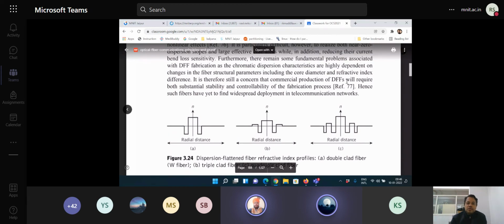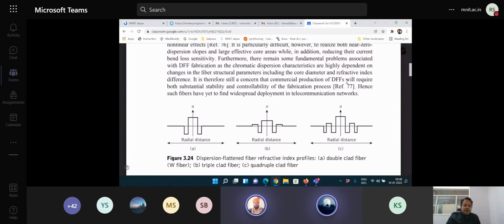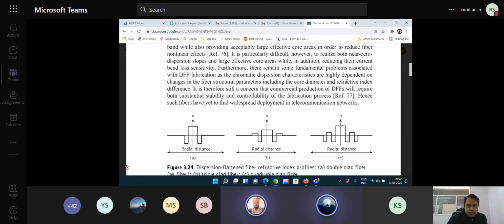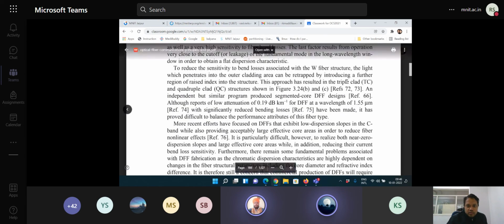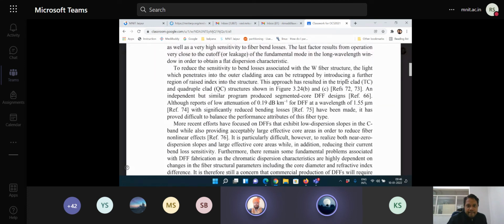So these are architectures to have a dispersion flattened or flat dispersion profile. So there are multiple architectures which are possible. So you can see here the attenuation is also low and the dispersion is flat.